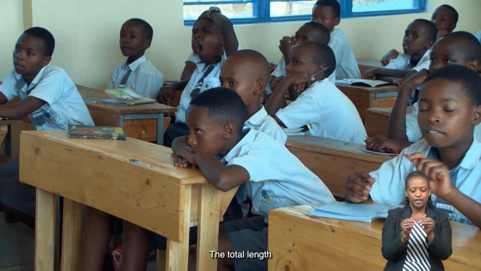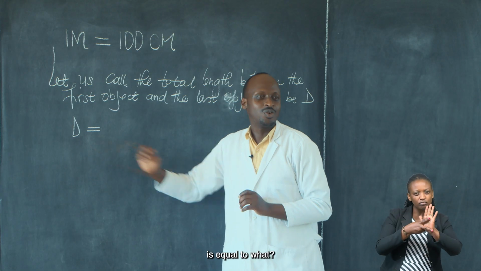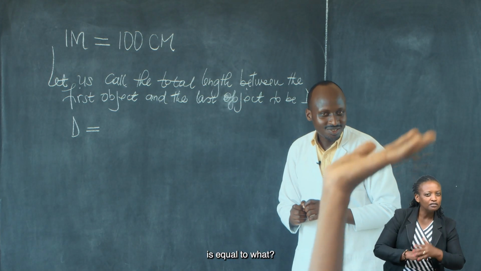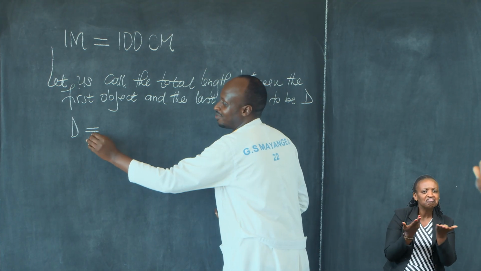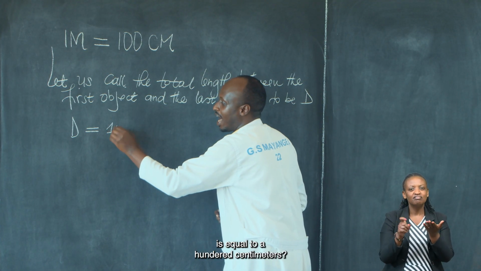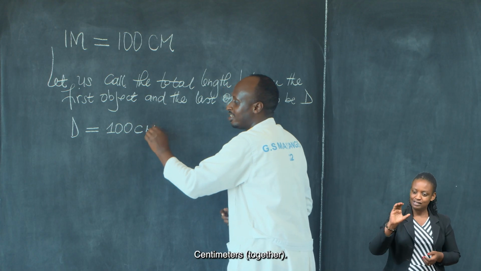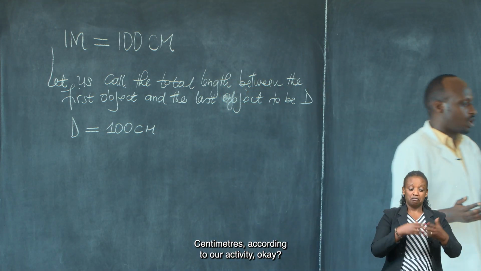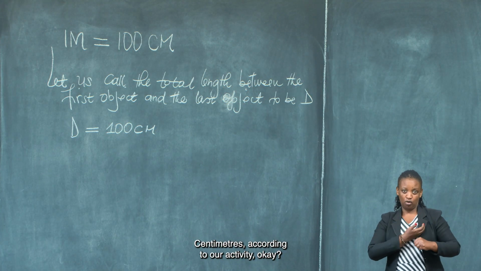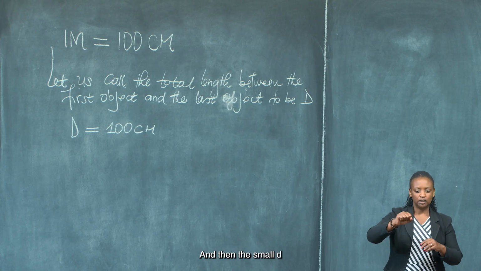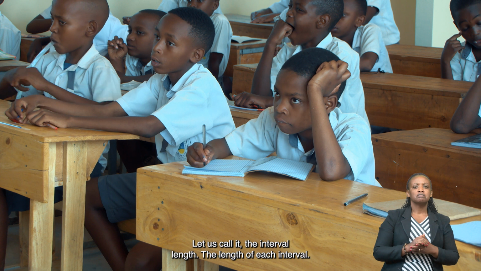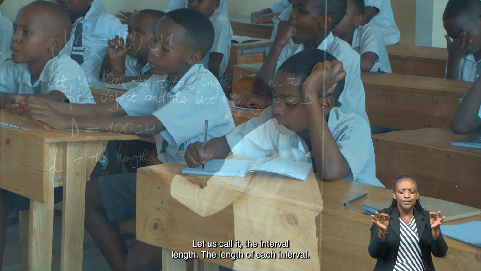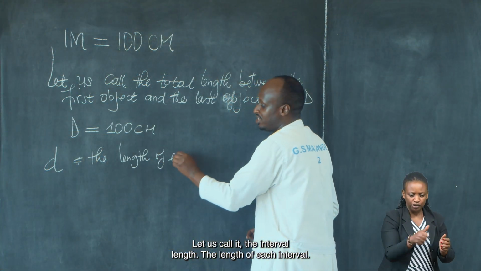The total length is equal to what? The total length is equal to 100 centimeters according to our activity. And then the smaller d, let us call it the interval length, the length of each interval.